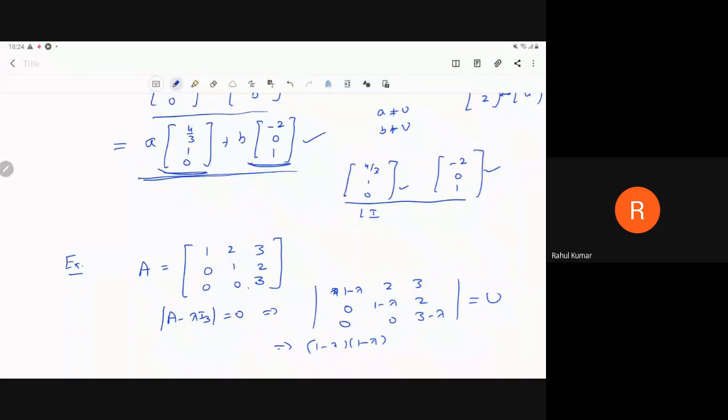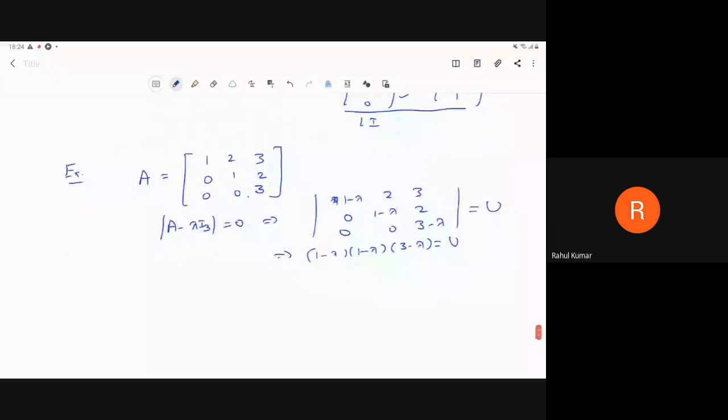You know this property of an upper triangular matrix. So if it is upper triangular or lower triangular or a diagonal matrix, the eigenvalues are nothing but the diagonal entries. Okay, make a note of this. So if I ask you what are the eigenvalues of a unit matrix of order 3 cross 3?